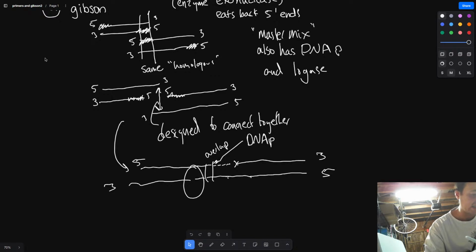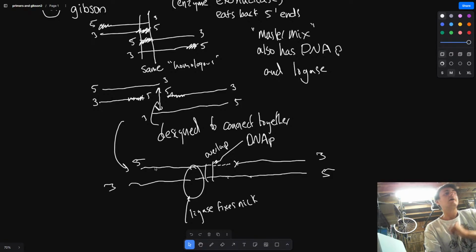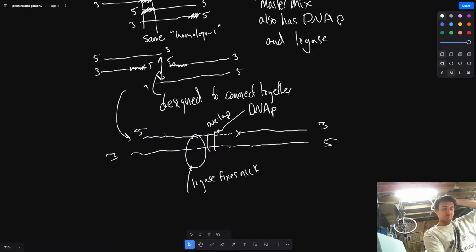Anyways, then ligase comes in here. Ligase. All right, so then this is repaired.